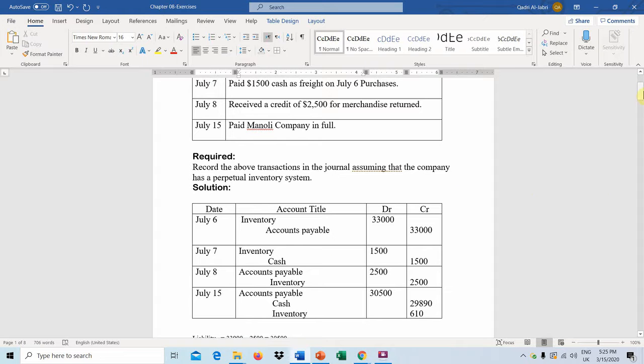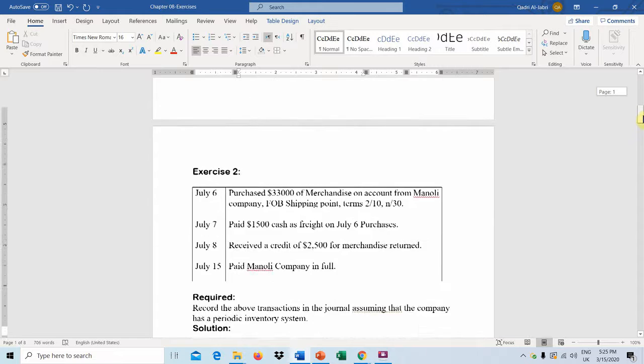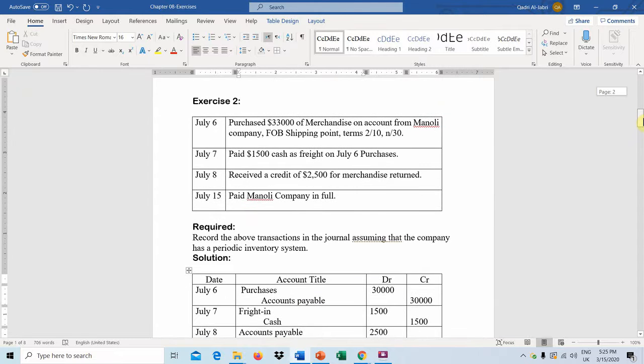As you can see, in the perpetual inventory system, inventory is increased by any purchase, increased by the freight that we paid on purchases, decreased by the purchase returns, and decreased by any purchase discount. In a periodic inventory system, that will not happen.